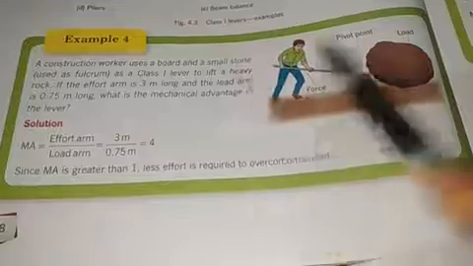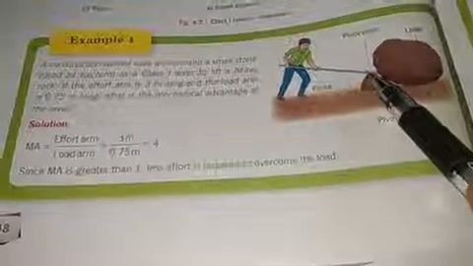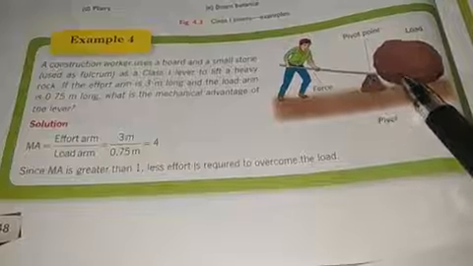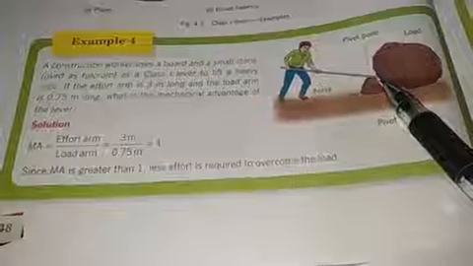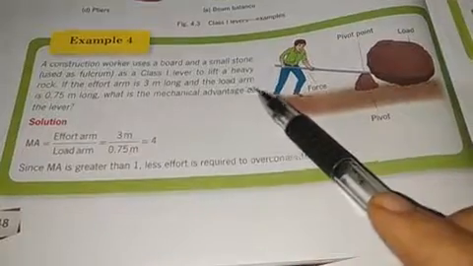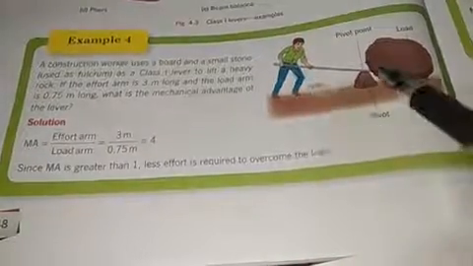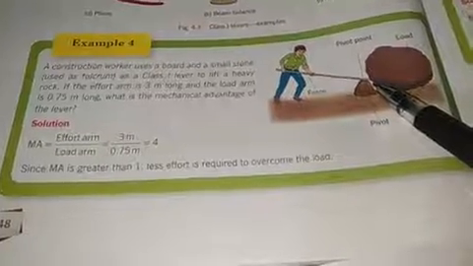And the load arm means the distance between this fulcrum and the load. The small distance is given as 0.75 meter. What is the mechanical advantage of this lever? So we are going to find out the mechanical advantage.